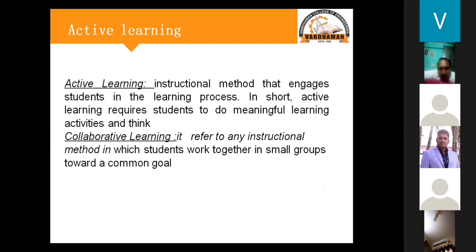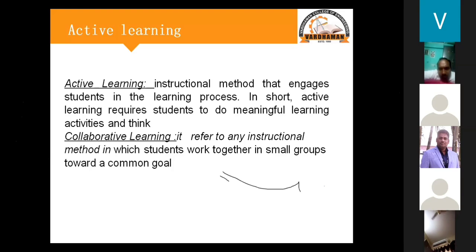So when I speak about active learning, what do we do? What exactly we as a teacher deliver in the classroom, we need to convert that theory into an activity. Then the question comes, how do we ensure that that particular activity is the best activity? An activity which can replace the complete theory which we are supposed to deliver is the best suited activity for the particular class.